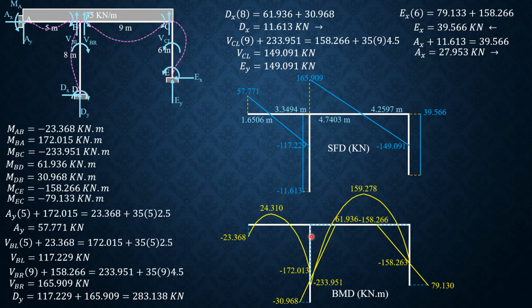For this part here, this is the top fiber, so it is positive like that, then we have a negative value. So therefore the elastic curve will be approximated as shown. So that's it, and that's the approximate elastic curve for this problem.